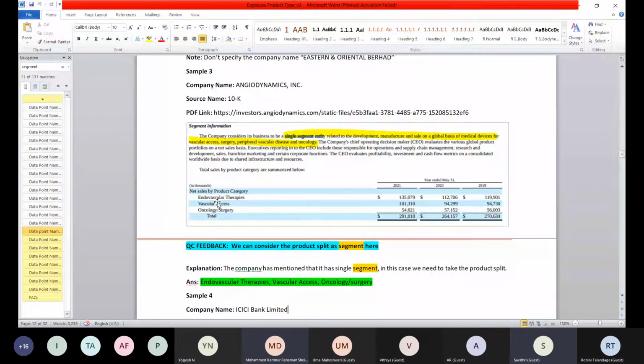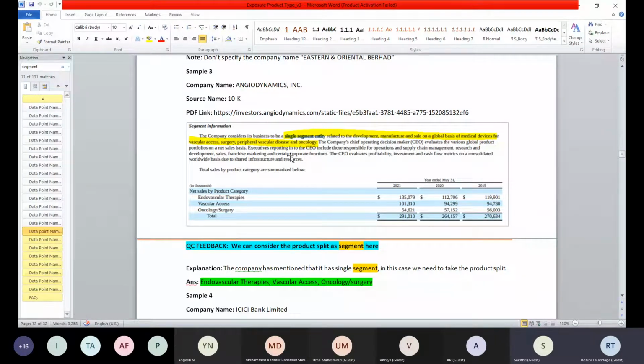What they are actually doing is manufacturing medical devices. The first is endovascular therapies, the second is vascular access, and the third is oncology and surgery. From all these three product categories, they generated their respective amounts as revenue. Here we can consider the product split as segment.